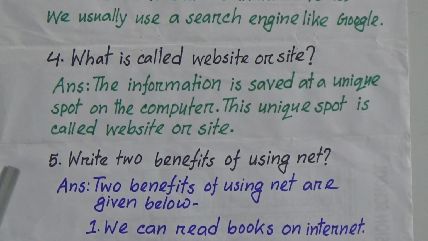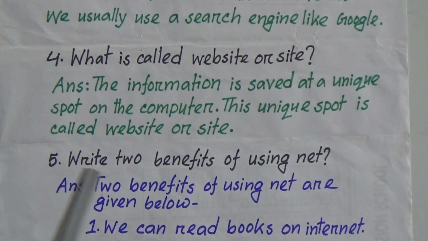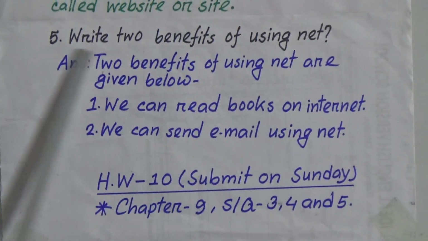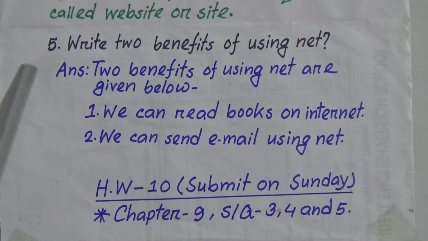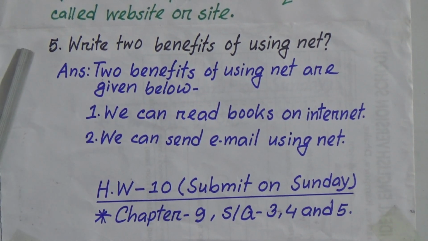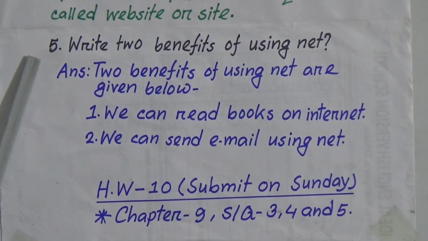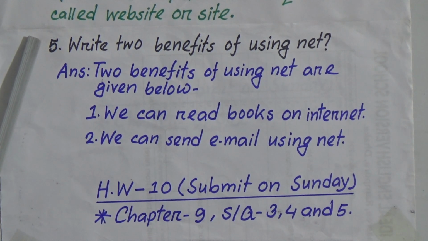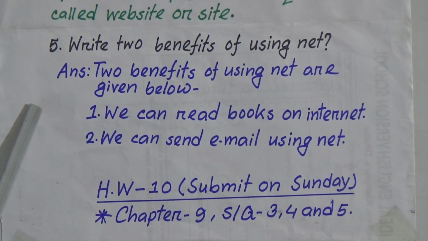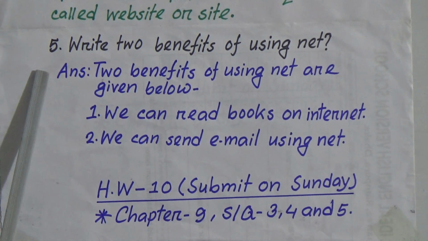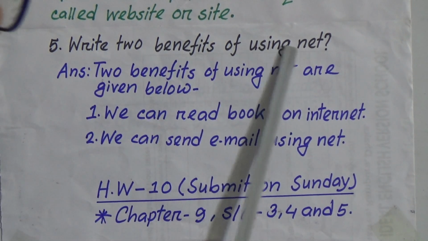And the last question, question number 5 is, write 2 benefits of using net. So my dear students, you may remember in question number 1 we learned what are the advantages of using net or internet. In question number 1 I have given 5 points. So here I have specified, write 2 benefits of using net.